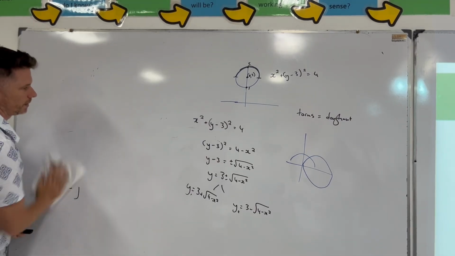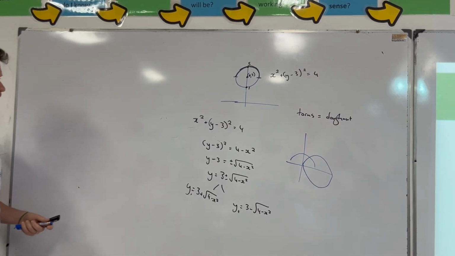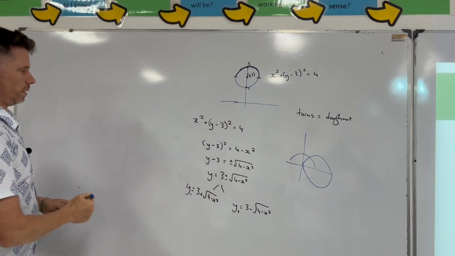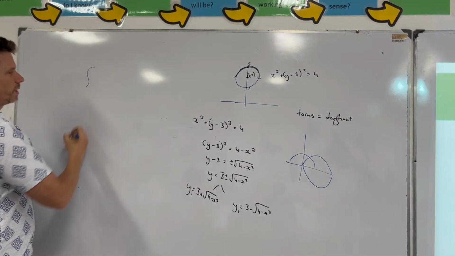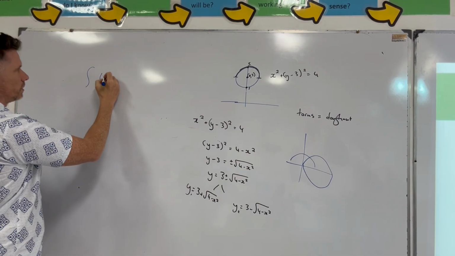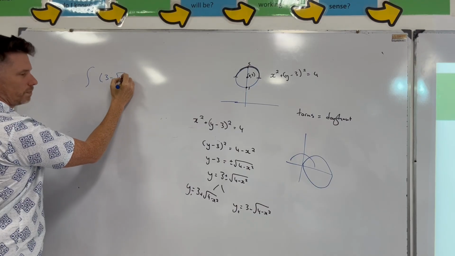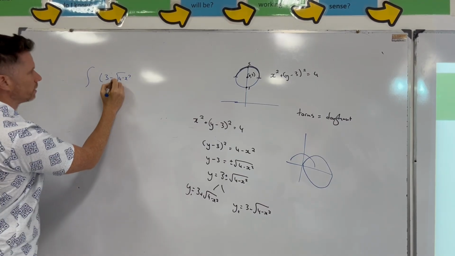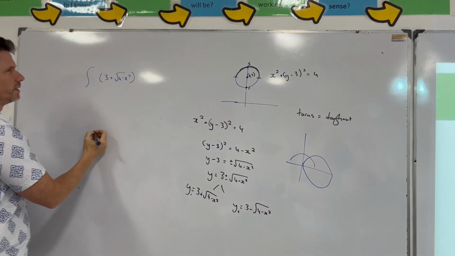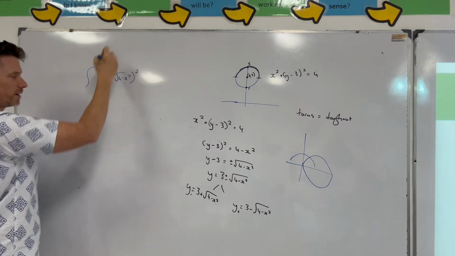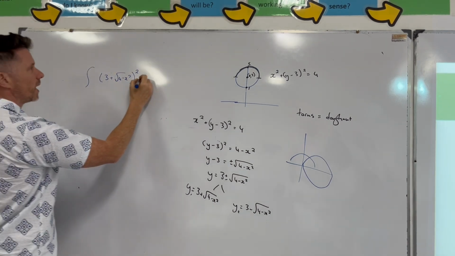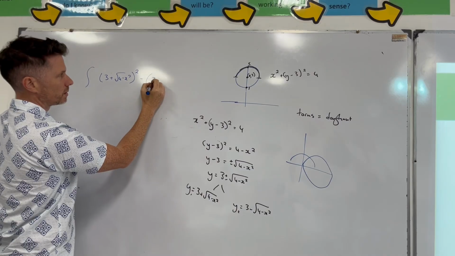Okay, let's set that up. So we're integrating. We're going to take 3 plus the square root of 4 minus x squared, that's the one above, squared, so f(x), one function squared, minus the other function squared.